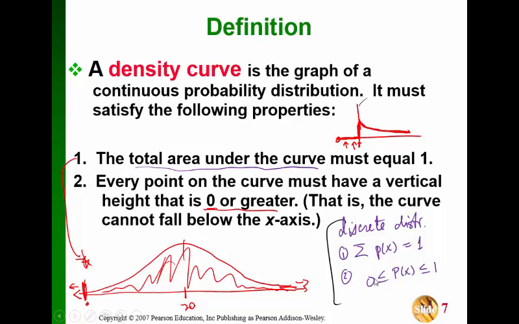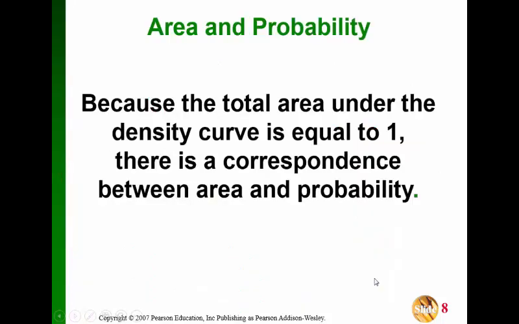Okay, let's talk about this idea of a probability. We're interested in finding probabilities of things. And since we're talking about a density curve having an area of 1, that's equivalent to finding probabilities. So for us, the area is the same thing as a probability. When we're asked to find a probability, what we're doing mathematically is really finding an area.